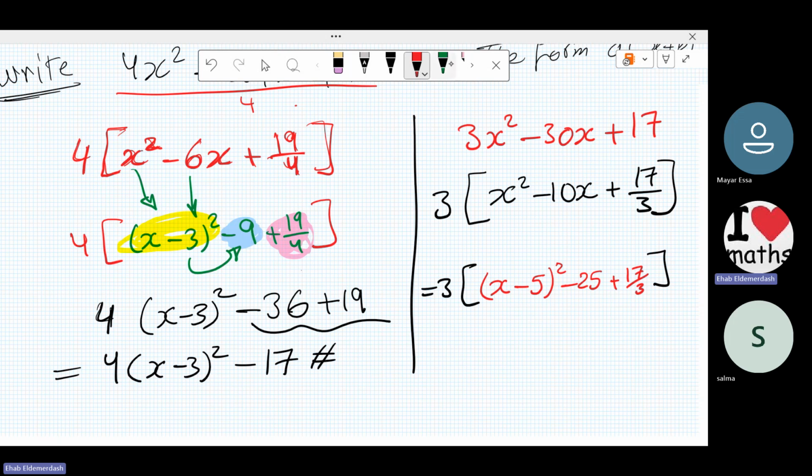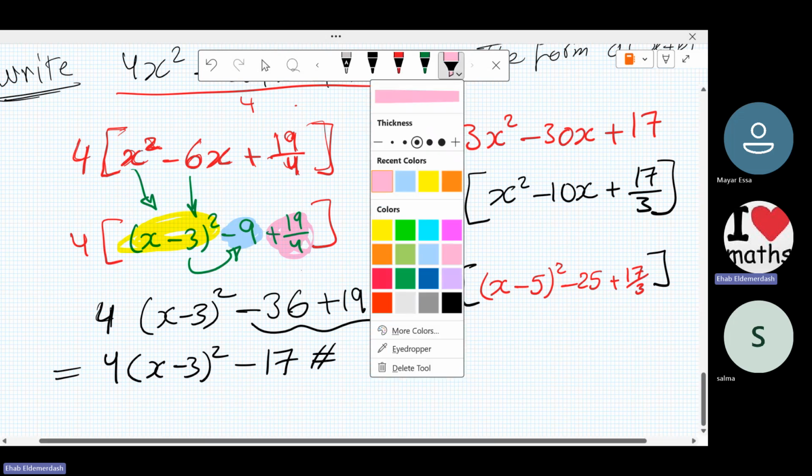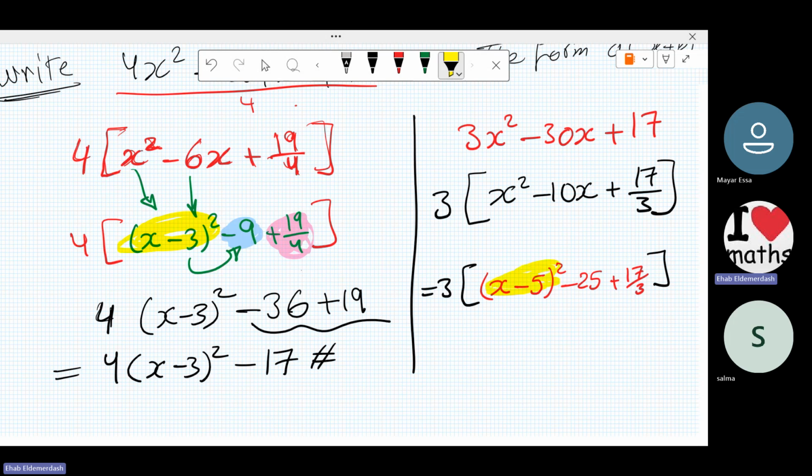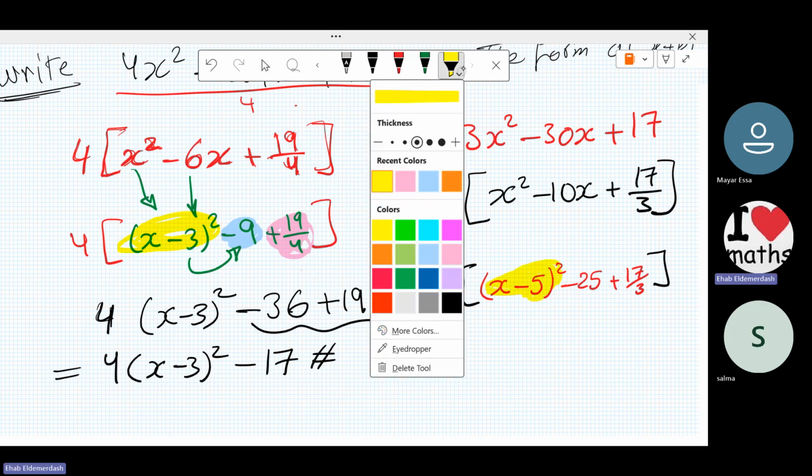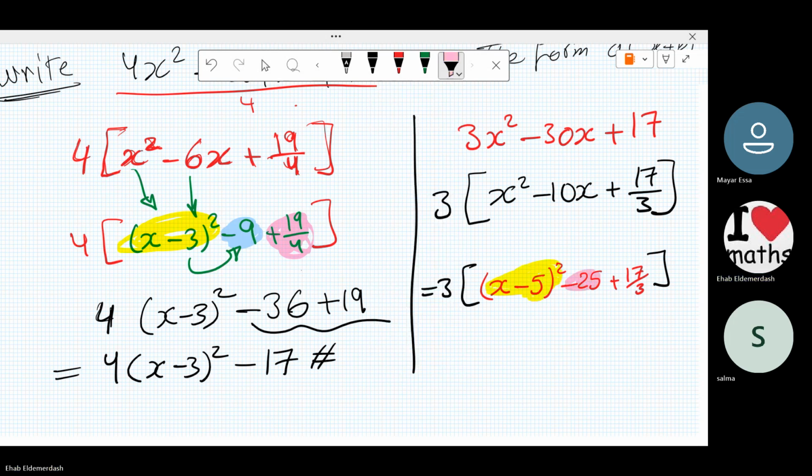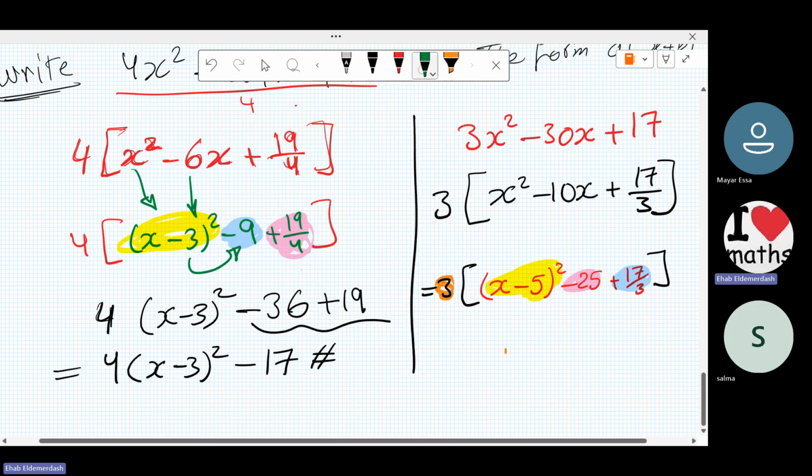I have again 3 different terms. The first one, the second one, the third one. I will multiply all by the external, which is the 3. Let's go for the answer.